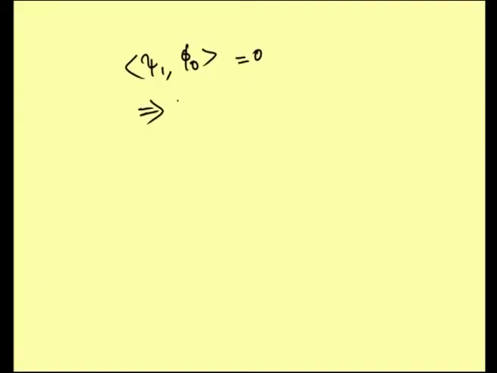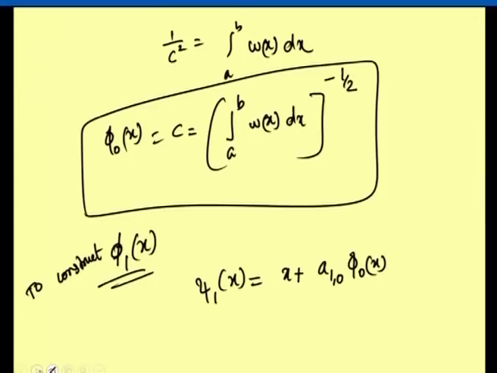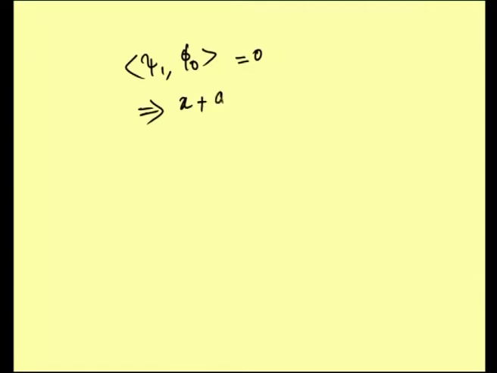Phi n comma phi m is 0 when n is not equal to m. So this gives you psi 1 comma phi naught is 0. What is psi 1? x plus a 1 comma 0 phi naught of x. Phi naught of x is simply written as phi naught for clarity. Phi naught means phi naught of x only, comma phi naught equals 0.